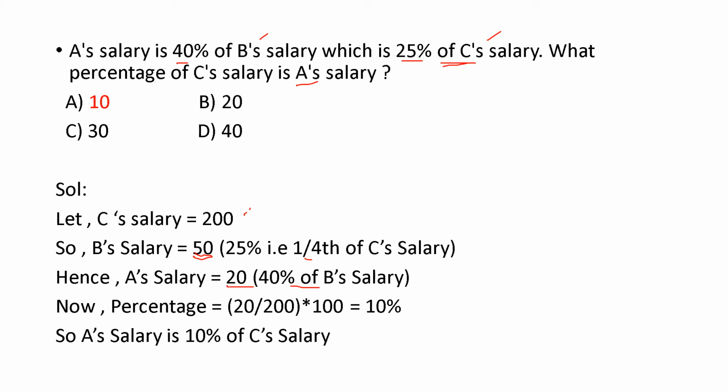Now, what percentage of C's salary is A's salary? So percentage is 20, A's salary, by 200, C's salary, into 100, and that is 10%.